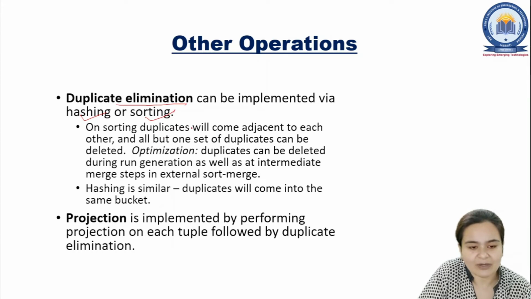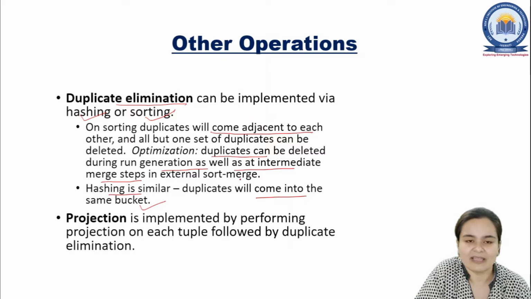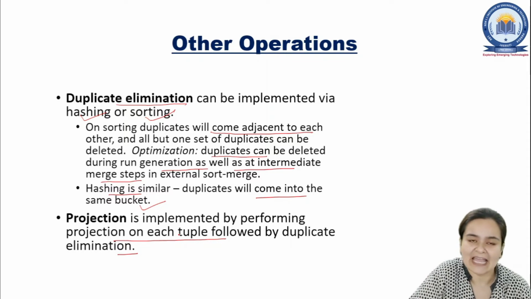In sorting, we bring the duplicates adjacent to each other so that we can remove them. As an optimization, duplicates can be deleted during run generation as well as in the intermediate merge steps of the external merge sort. In hashing, similarly, the duplicates will come into the same bucket and then we can remove them easily. Similar is the case with projection, as projection is implemented by performing projection on each tuple followed by duplicate elimination.